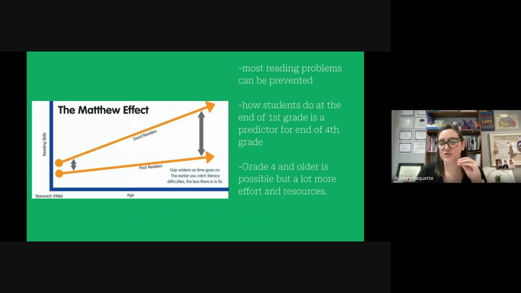If we know that, we need to put a nice boost in K, 1, 2 so that we can close that gap. It's very important to think about how we can go about that. And in grade 4 and up, of course, you can still close the gap, but it's going to be with much more effort and much more resources and much harder with the attitude.